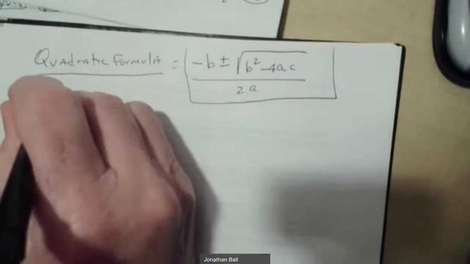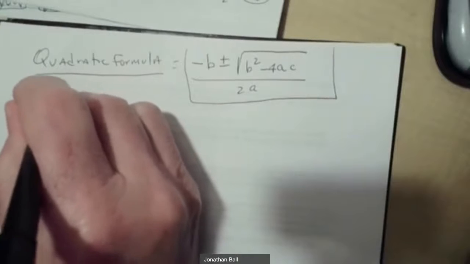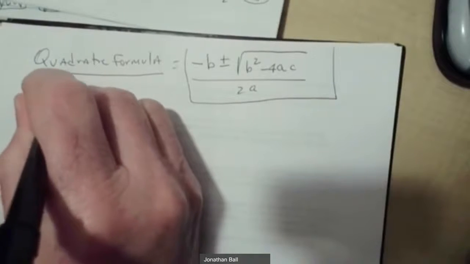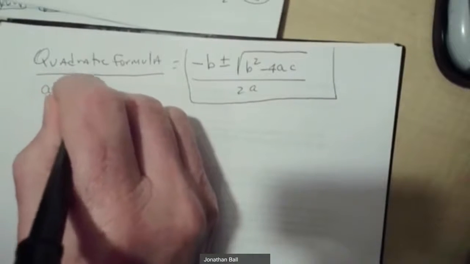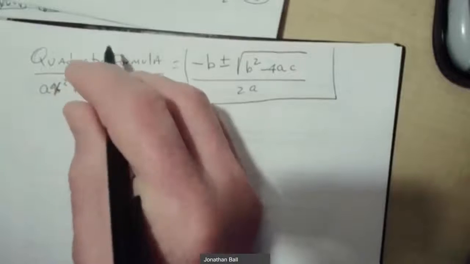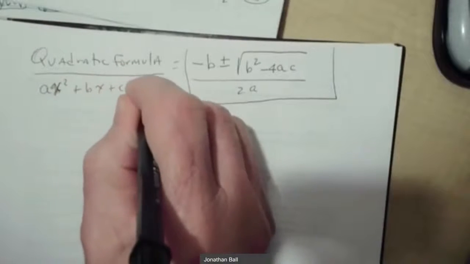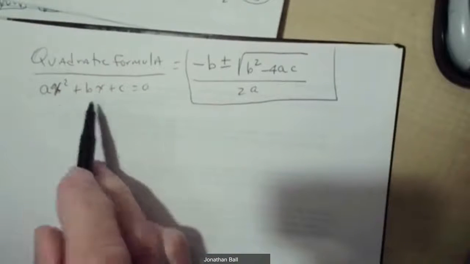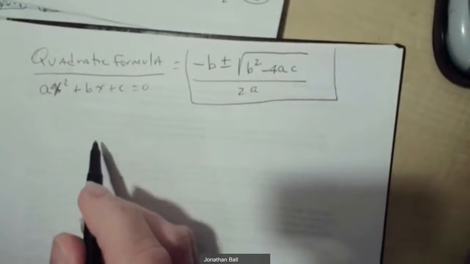And remember, quadratics are always in the form ax squared plus bx plus c equals 0. This is the form that quadratics are in.